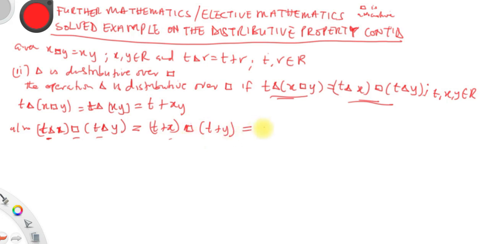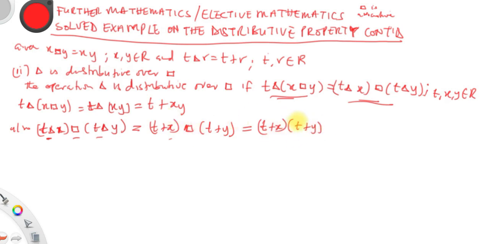So what do we get? This becomes t plus x square t plus y, and x square y is equal to xy. So this becomes t plus x times t plus y. Have you seen? Definitely, if you like, you can expand that.